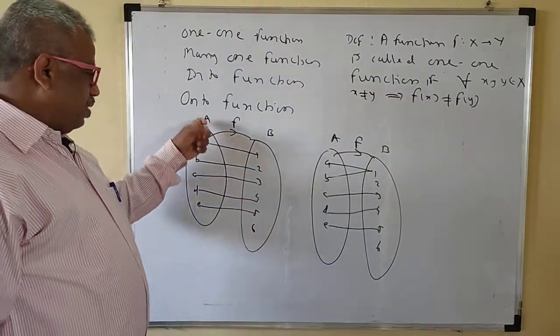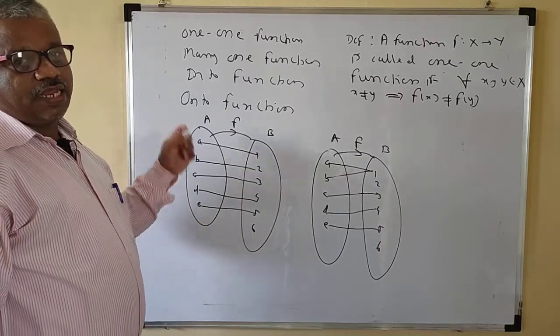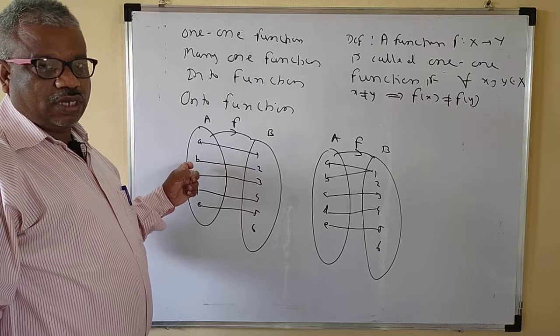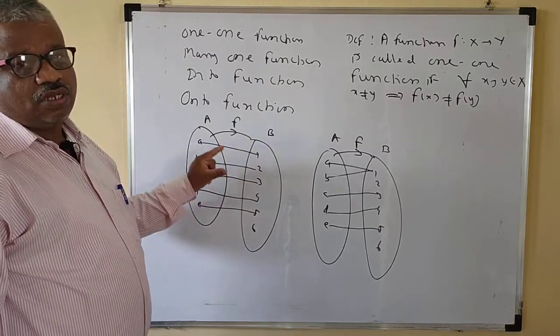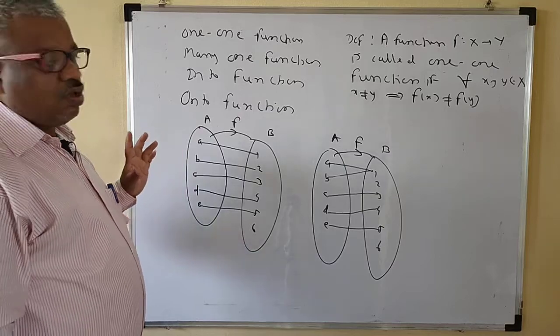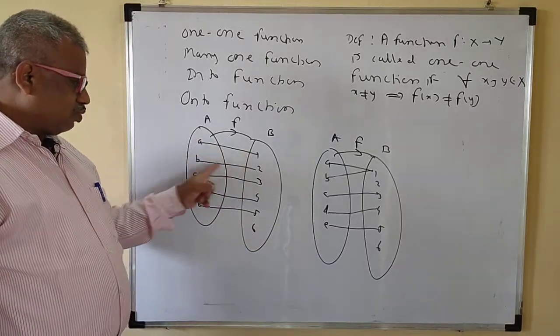That means if a and b are from the domain and they are distinct, a not equal to b, then the image of a and the image of b are also distinct. Then such a function is one-one.